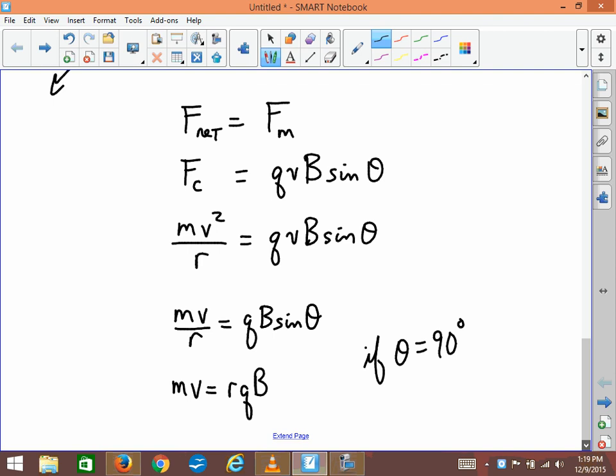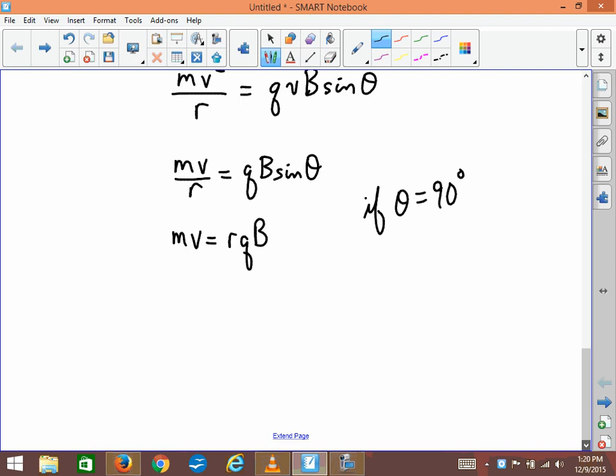So now I have this interesting little equation. And what I can do is I can use it to figure out, for instance, what the mass of a particle might be. Or if I want, I can figure out what the radius of the curve would be, mv over qB. I think in your textbook, this is the way they like to write this equation.